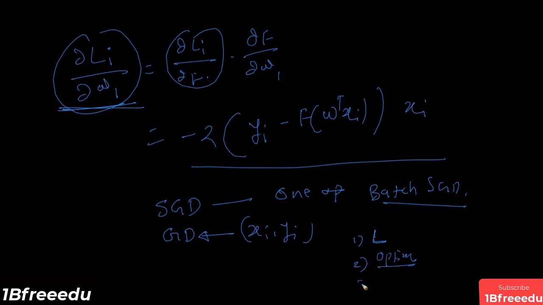After writing the optimization problem, use stochastic gradient descent or gradient descent, in which we compute the derivatives of this loss function with respect to the weights, and use the derivative to update the weights W by using this formula. W new is equal to W old minus eta. This is the learning rate. We'll see later how to define this learning rate. So eta times dou L by dou W old.